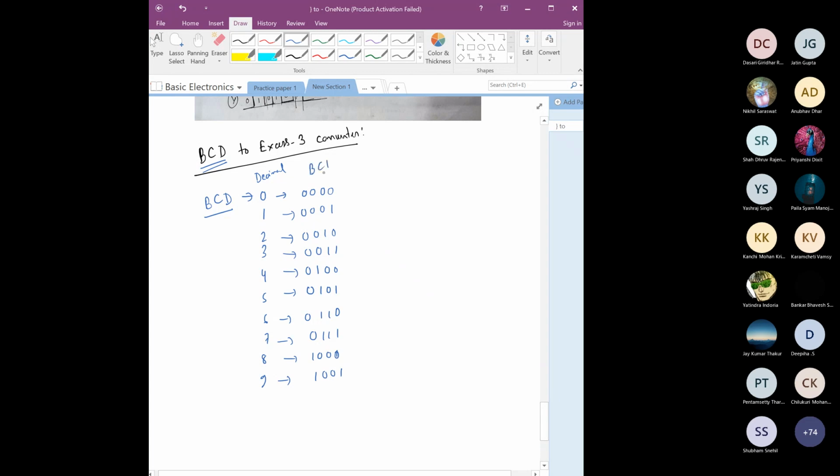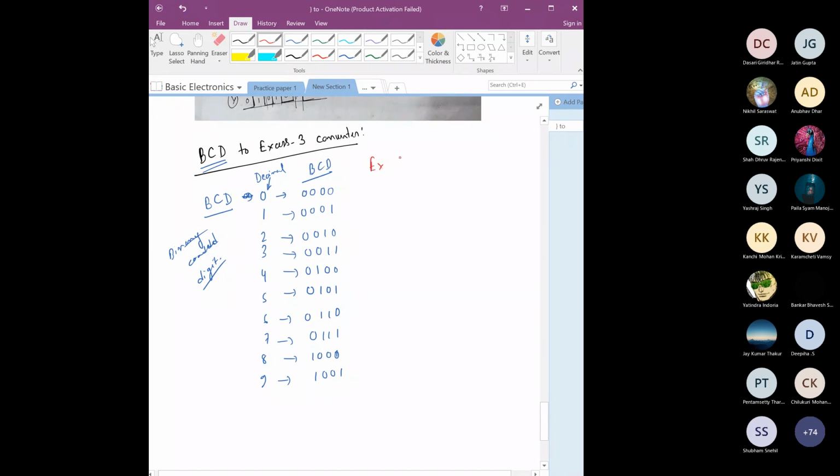So this is the BCD. This is not the BCD, this is decimal, this is the BCD, right? So BCD is the binary coded digit. Okay, so this BCD has been used, and you have to design a converter that can convert this BCD code into XS3.